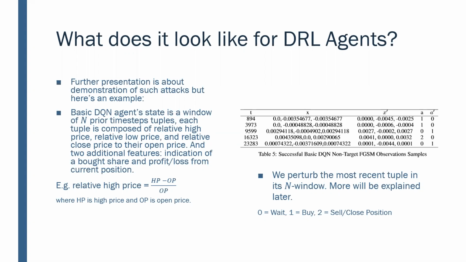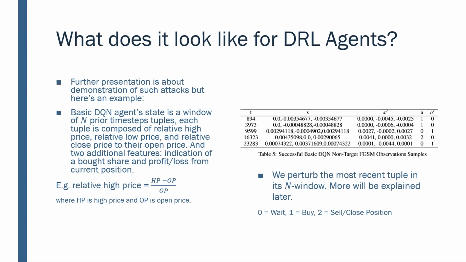And what we are doing is perturbing one tuple, the earliest or the most recent tuple in this history, to manipulate the action that comes out of this agent to be different from the true input.